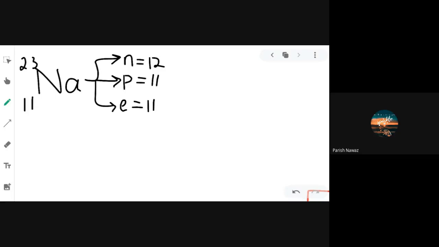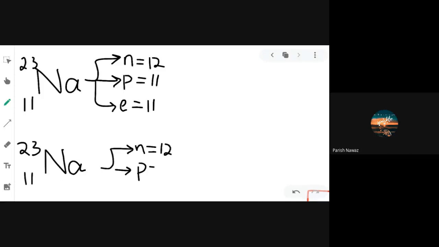So when it will lose one electron, what will it become? Like this. Still it will remain as Na23, and it will carry 12 neutrons. Protons will be equal to 11 here, and then electrons will be equal to 10.